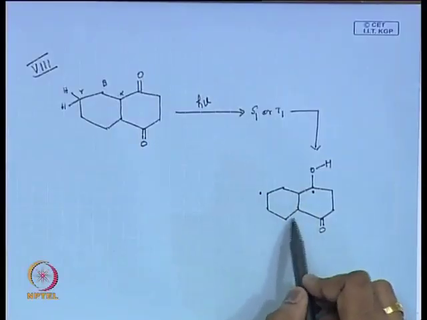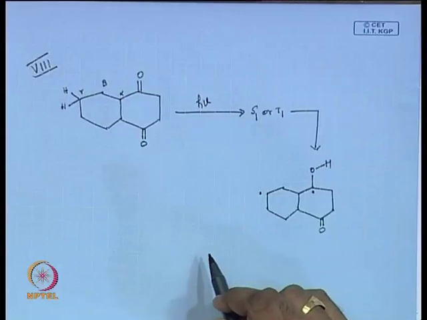So, you should think this way, okay. That is always better when you have a cyclic system. Please think in this direction. Just for simplicity, we are writing here in this way. Okay.